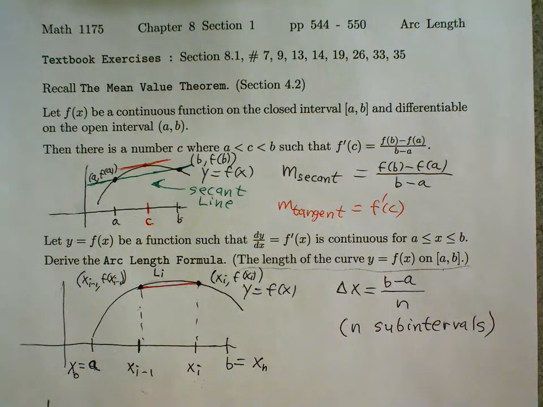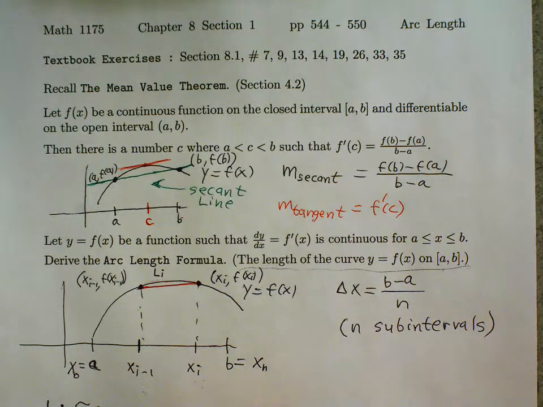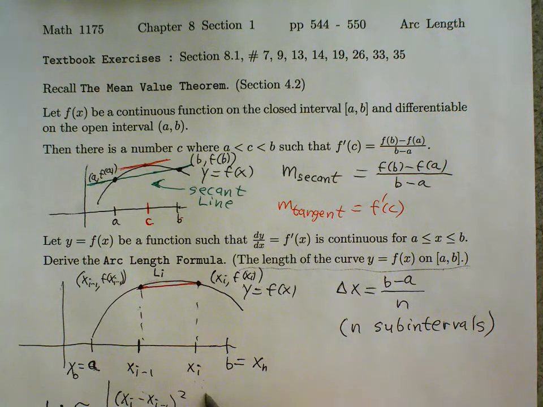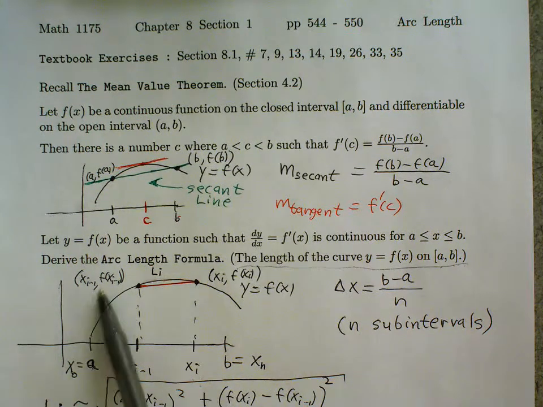So L sub I is approximately equal to, using the distance formula, the square root of the quantity x sub I minus x sub I minus 1 squared plus the quantity f of x sub I minus f of x sub I minus 1 quantity squared. That's just the distance formula applied to those 2 points with those coordinates.